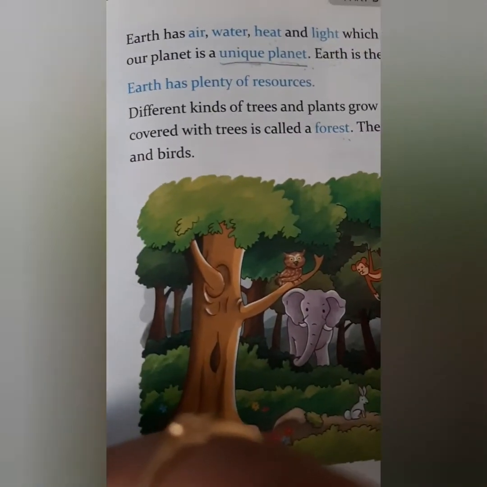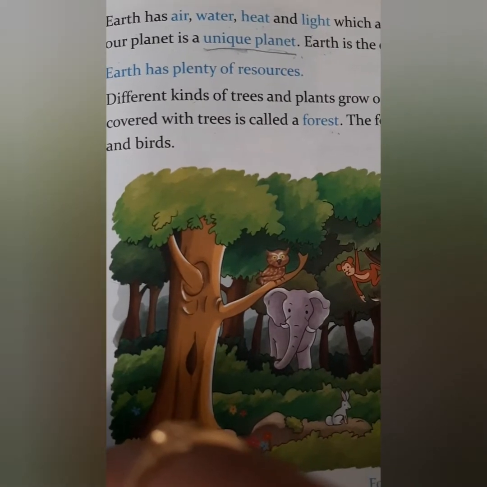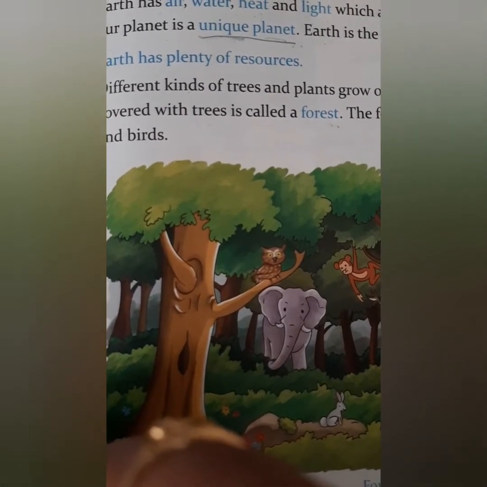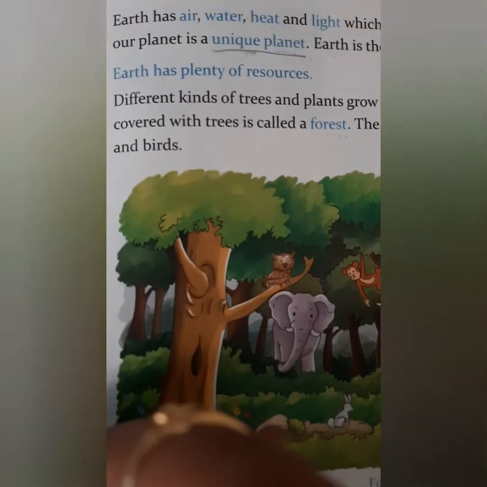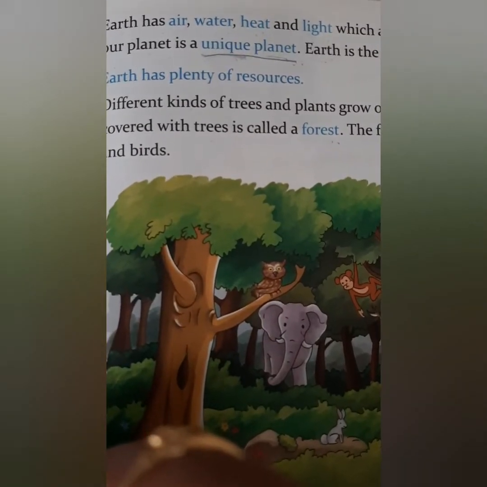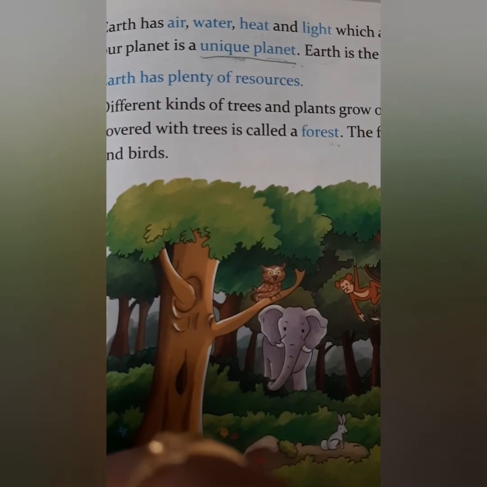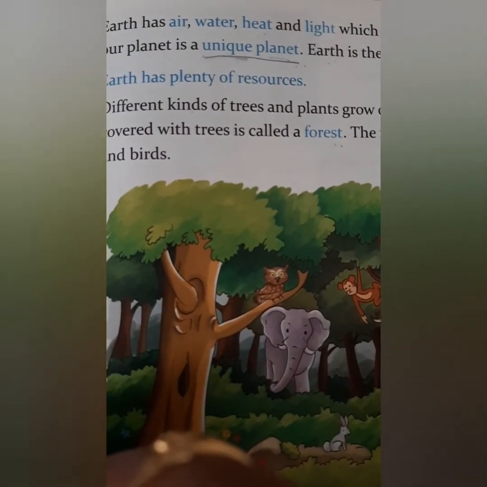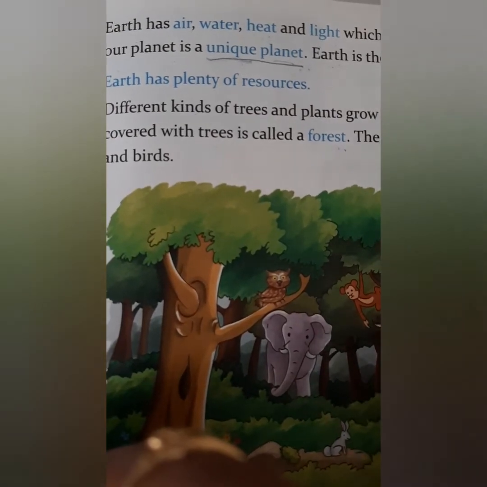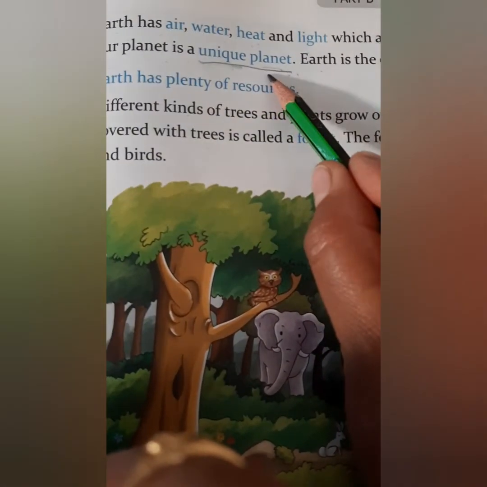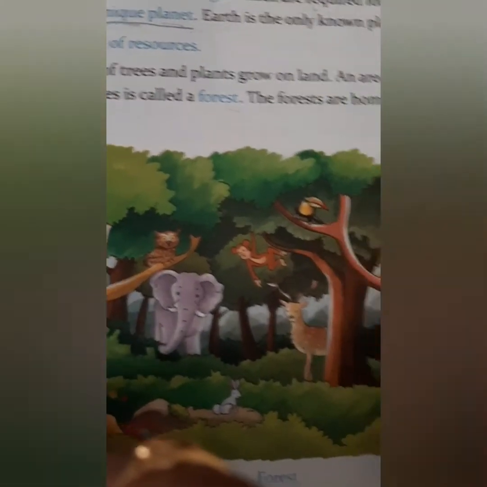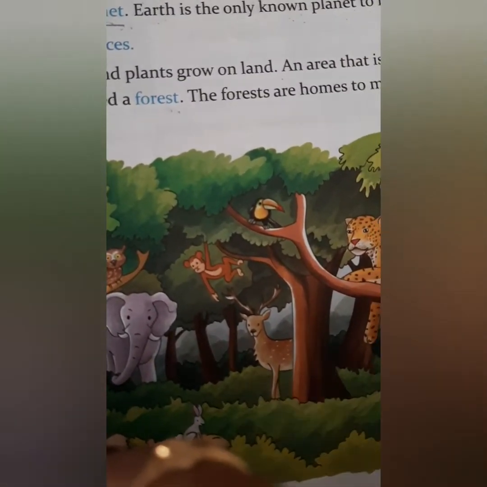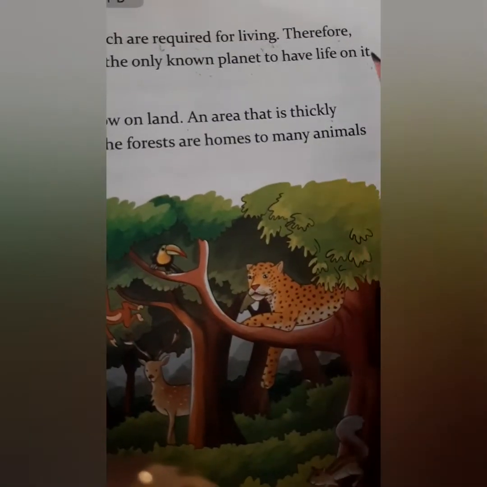That means, children, we all, like we human being, even animals and birds, we all need air, water and sunlight to survive, which we get on our planet Earth. Okay, and that is why it is called unique planet, because Earth is the only planet which has life on it.